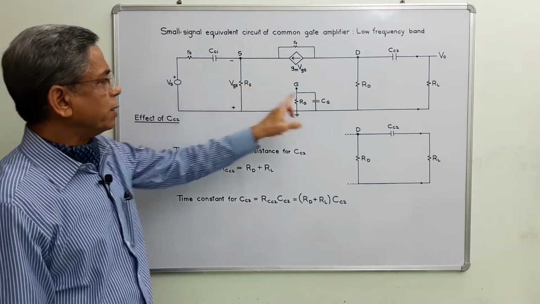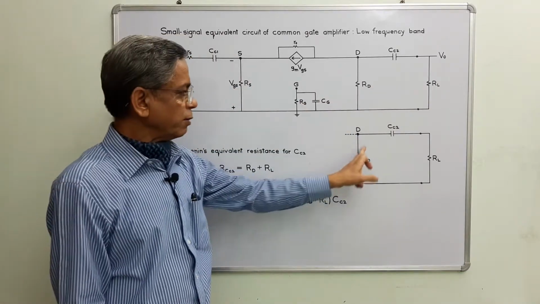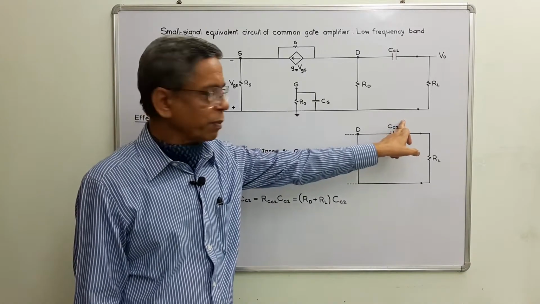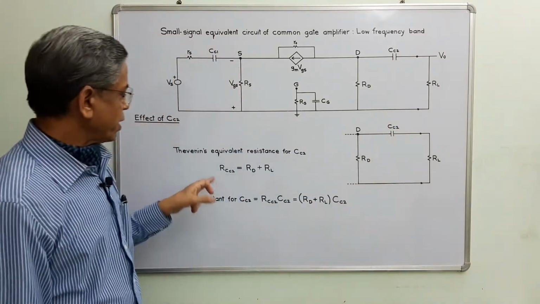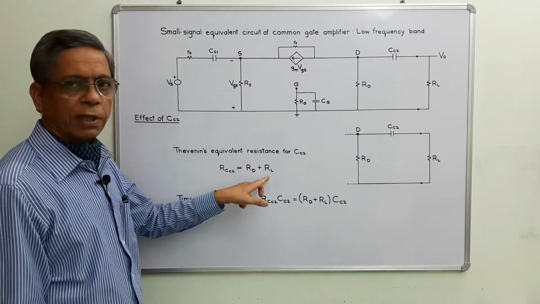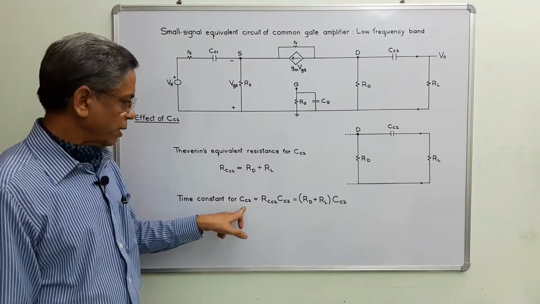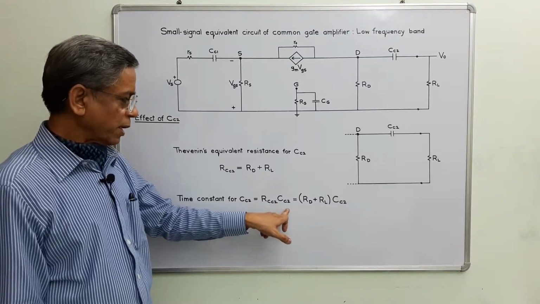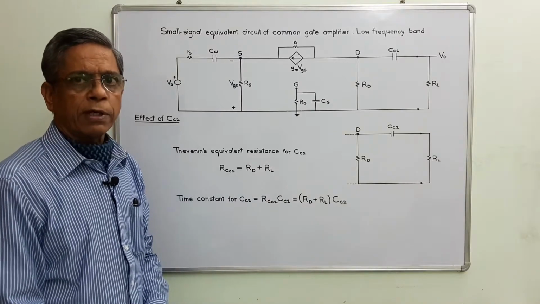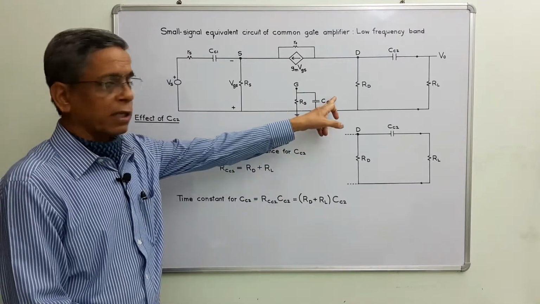Only this part of the whole circuit is useful for the determination of the resistance seen by CC2, and from this loop we can write the Thevenin equivalent resistance for CC2, that is RCC2 equal to RD plus RL. The time constant for CC2 is RCC2 into CC2, that is RD plus RL into CC2. So far we have determined the time constants for both the coupling capacitors and the bypass capacitor.